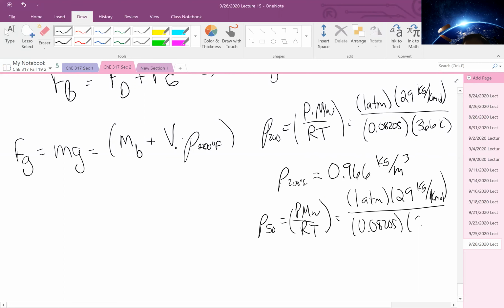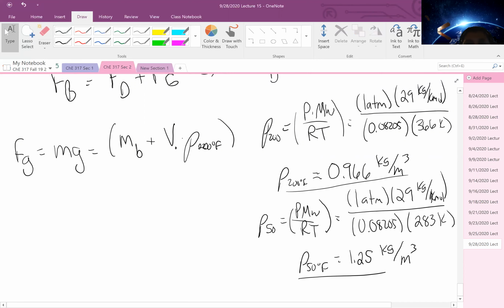The temperature is just 283 Kelvin. Doing this calculation, I get approximately 1.25. So I have these two densities to do the calculation.